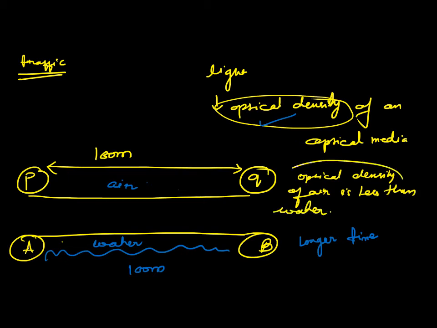So from this we can conclude that light travels faster in air and slower in water. Now from this one can get a fair idea about optical density.